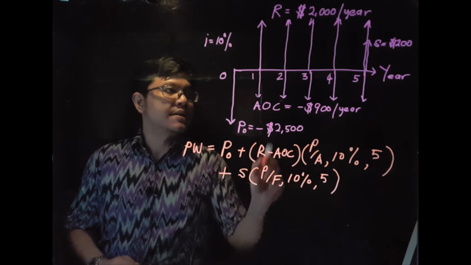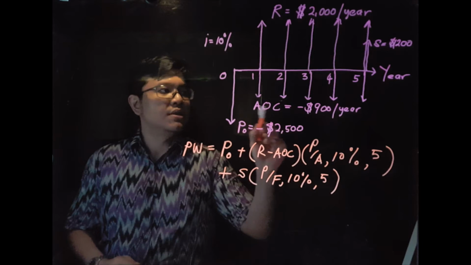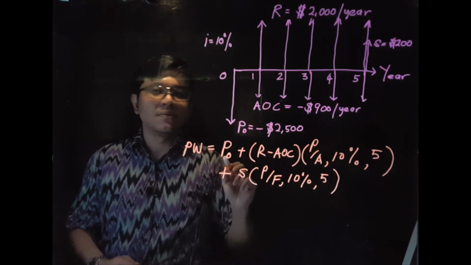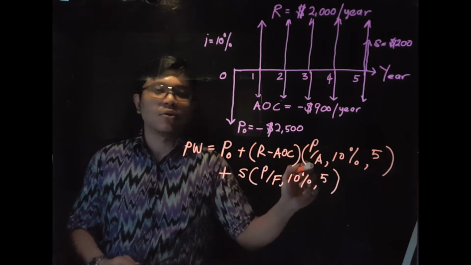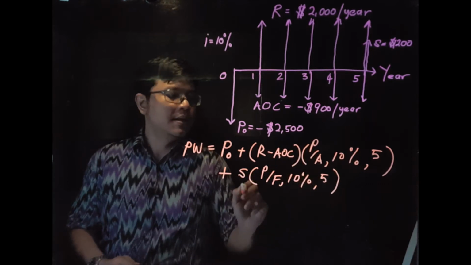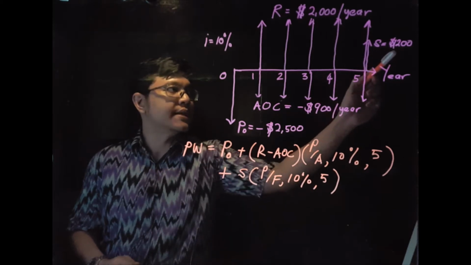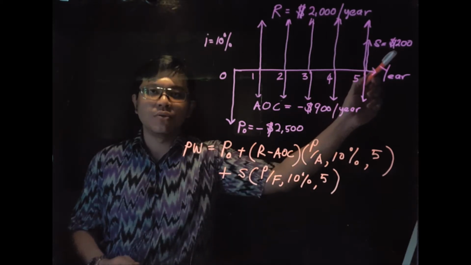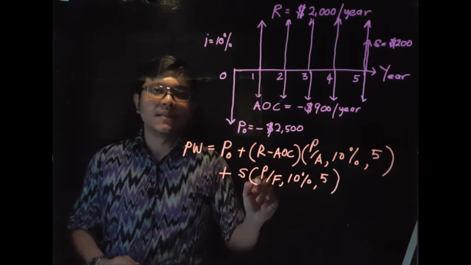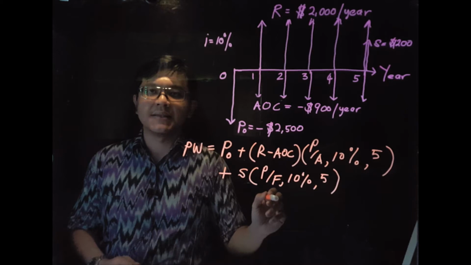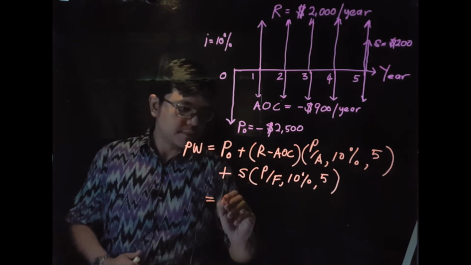Since these cash flows that occur between year 1 until year 5 are a uniform series, I need to convert them into present worth value using the P given A conversion factor. In the third term, I'm converting the salvage value of the project, which is a future worth value, to present worth value at T0. That's why I'm using the P given F conversion factor. Now let's plug in the values using the formulas.